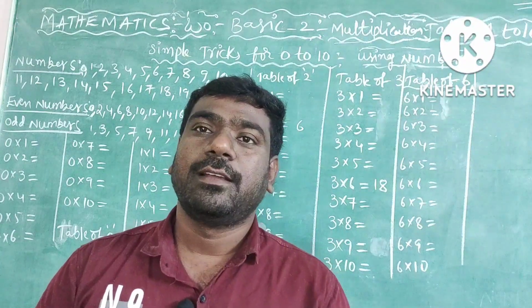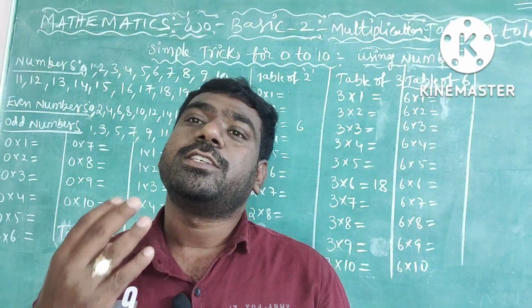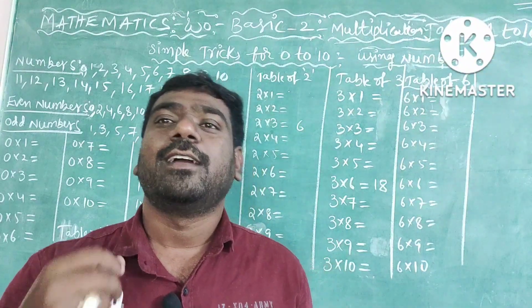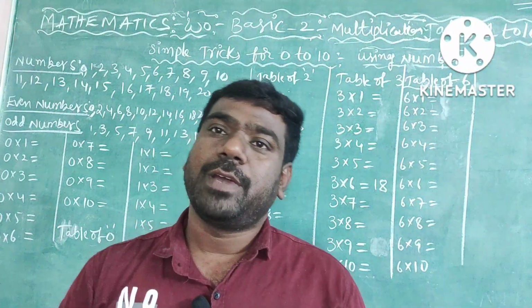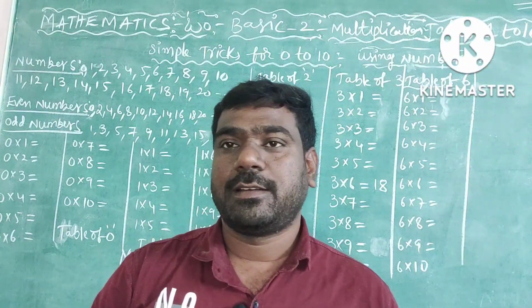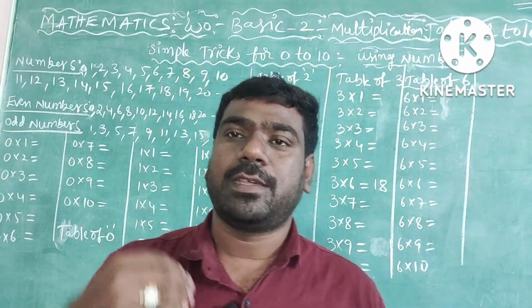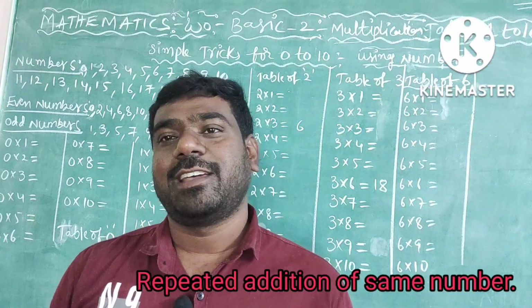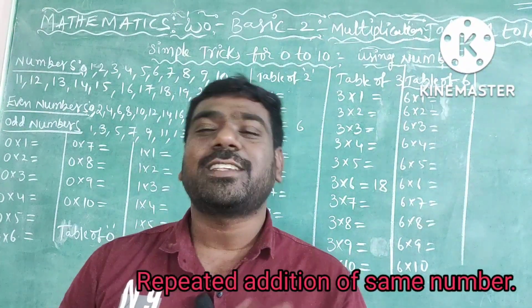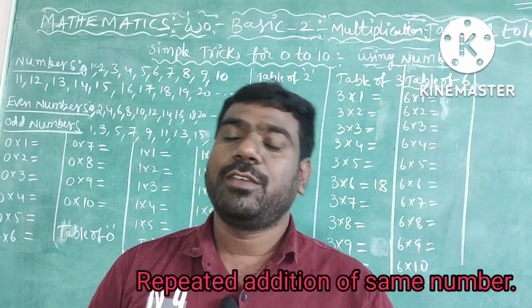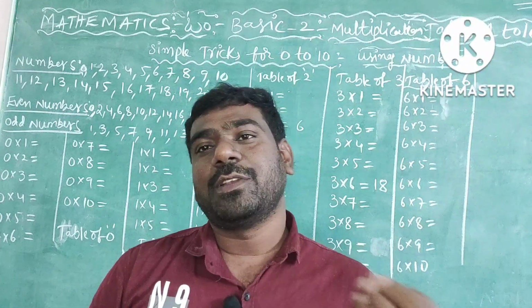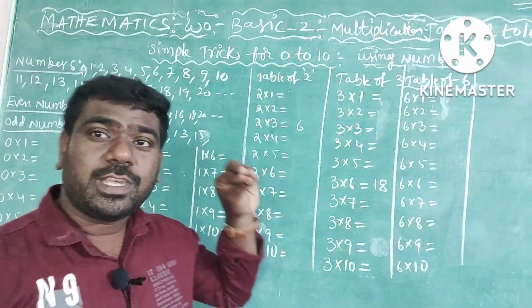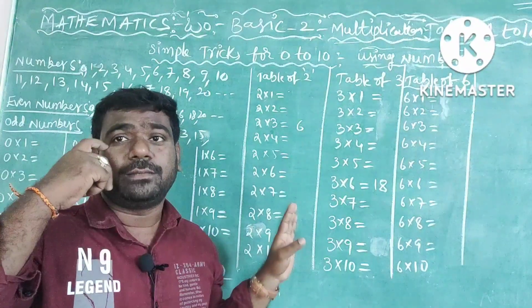Simply we can say, repeated addition of the same number is called multiplication. If you understand the meaning, tables are very easy. So by using the meaning, we can write the answers.